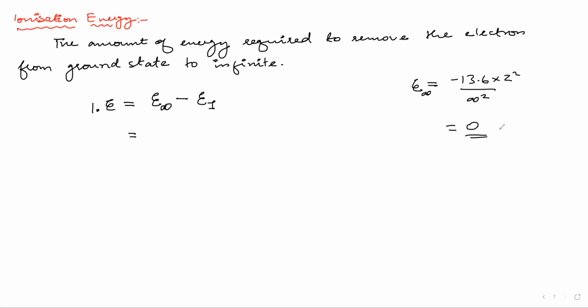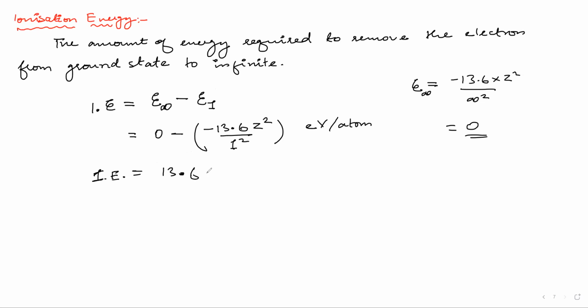Then minus the energy of the first level, which is minus 13.6 Z square divided by 1 square. This is in electron volts per atom. So the ionization energy is 13.6 Z square electron volt per atom, as the negatives cancel.